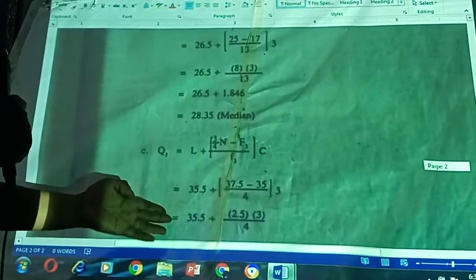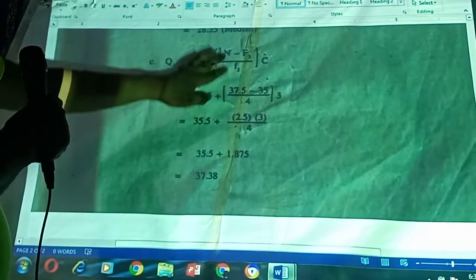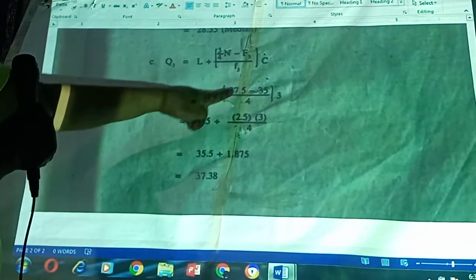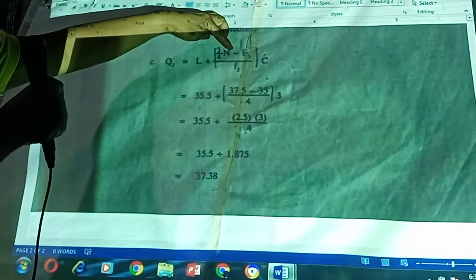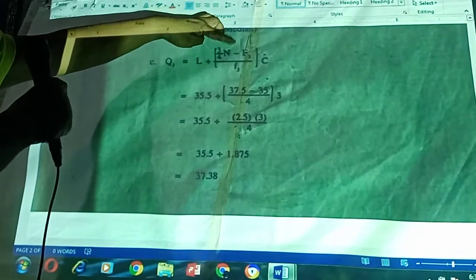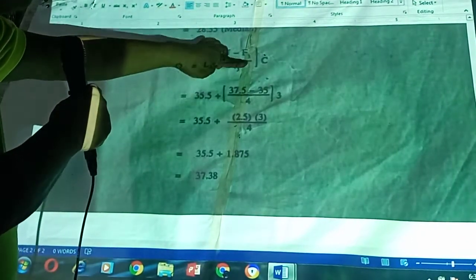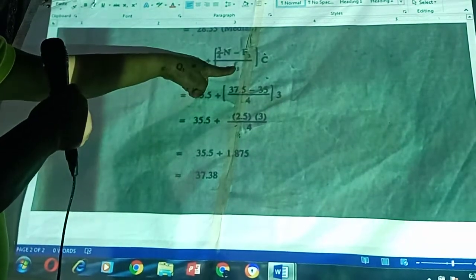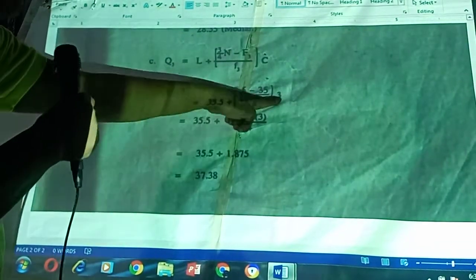The lower class boundary is 35.5. How do we get 37.5? 3 times 50, because we have 50 cases, divided by 4, is 37.5, minus the big F3, which is 35, divided by small f3, which is 4, times 3.